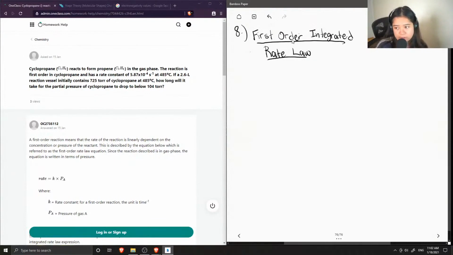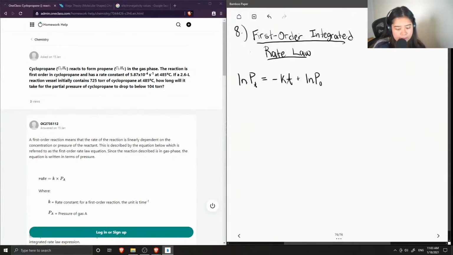You can have second order and third order as well. But in the case of our question, we have a first order rate law. So we can write down this equation as ln of the pressure at time t is equal to negative kt plus ln P naught.